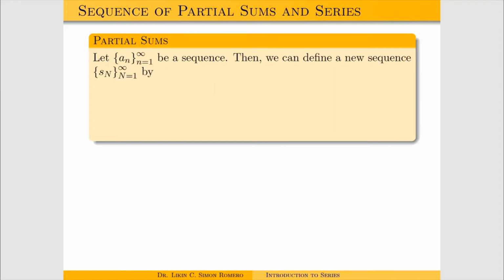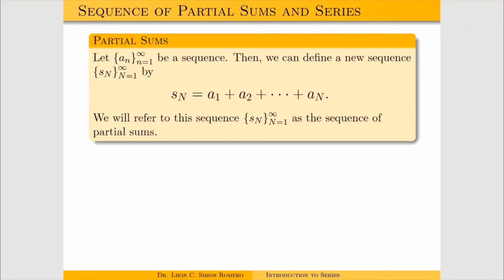So we start out with a sequence a of n. And from this, we can define a new sequence. This is S of n, where S of n is equal to a1 plus a2 up to a of n. So S of n is the sum of the first n terms.